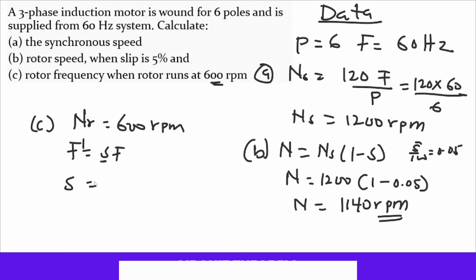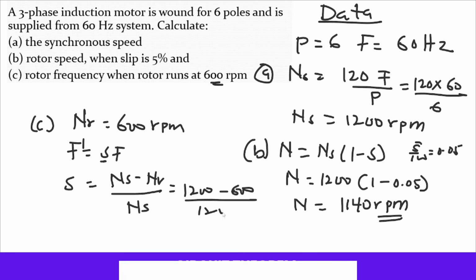The actual slip formula is given by the synchronous speed minus the rotor speed, all divided by the synchronous speed, which is equal to 1200 minus 600, the one that is given to us, all divided by 1200. That will give us 0.5 as the slip.